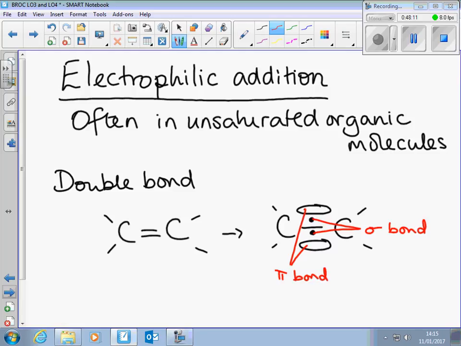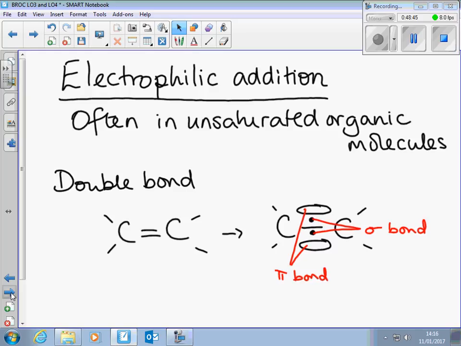And the pi bond is a very vulnerable area. Yesterday we were talking about it as a reactive site, because you've got these exposed electrons. So they are going to be open to attack, because they're just sitting there away from the rest of the bond. And so we rely on those to be our reactive site in this particular example. The example here is using ethene. Now, we didn't spend much time on the unsaturated compounds. I think we got as far as mentioning ethene.